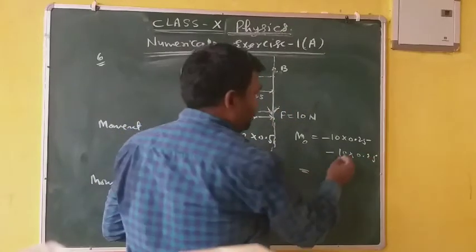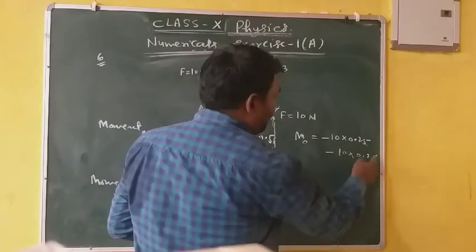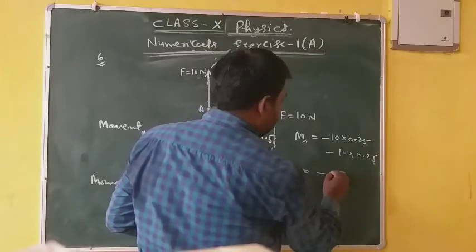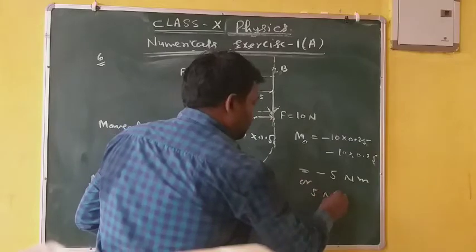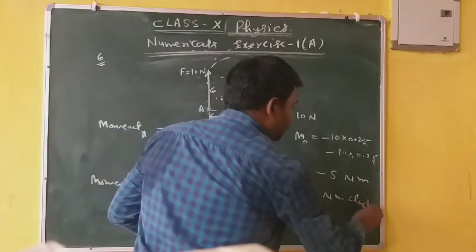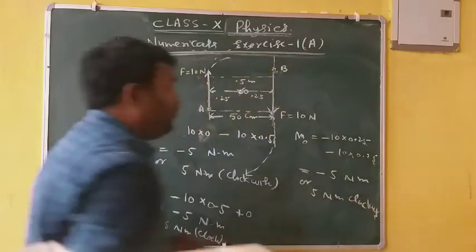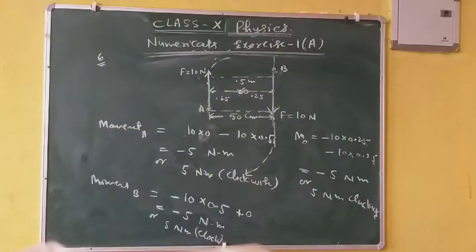That's why it will become minus 2.5 minus 2.5, which is minus 5 Newton meter, or 5 Newton meter clockwise. Next question.